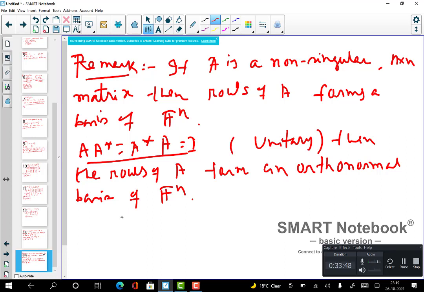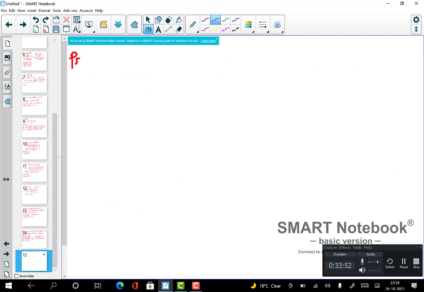The proof is also simple, but let me just give it to you. Suppose it is given that A equals a_ij, the matrix, and you want to know whether the rows are an orthonormal basis or not. So you take the matrix A and A star, multiply them, and check what happens.